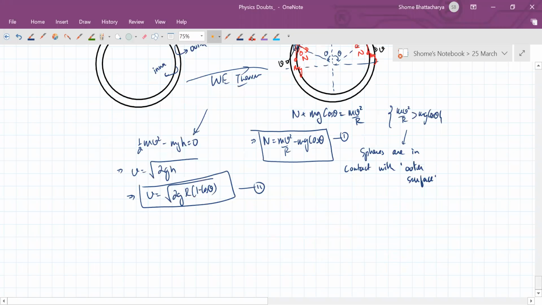Substitute this over here, and we get N as a function of theta.